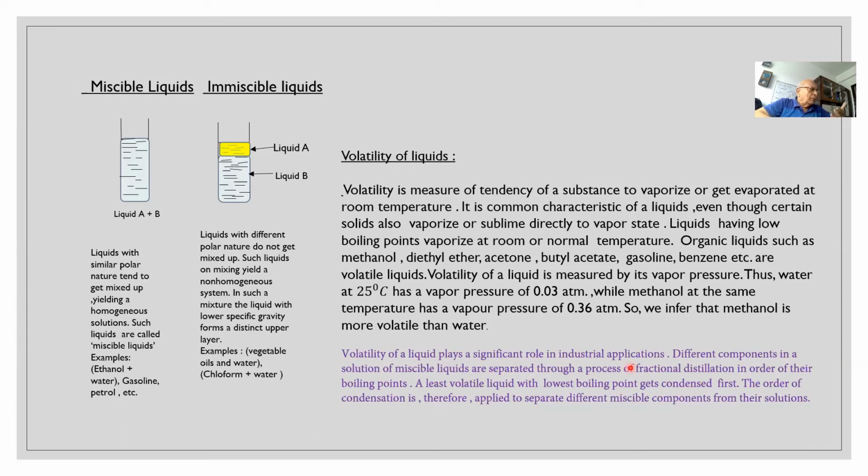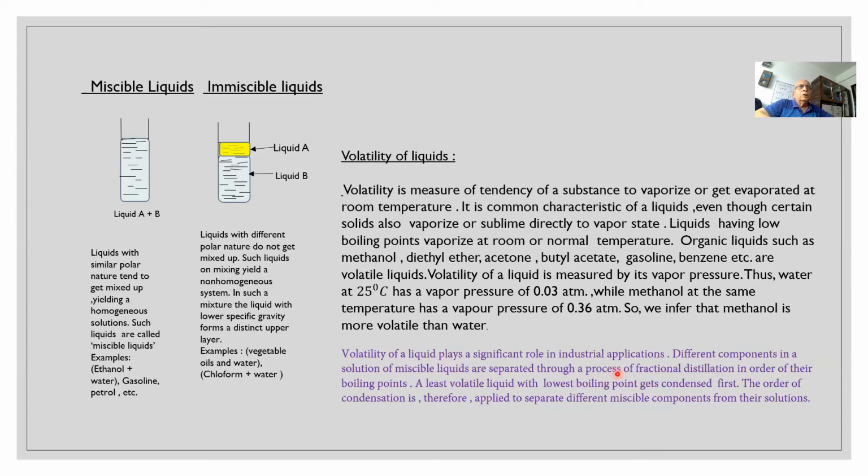For example, we have an idea about petroleum distillation, or we know what is fractional distillation. A substance which has low volatility gets condensed, turns to a liquid easily. A liquid with a lower boiling point is converted to a liquid earlier than another liquid with a higher boiling point.